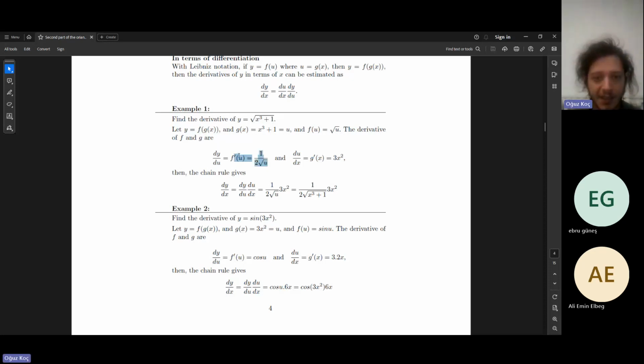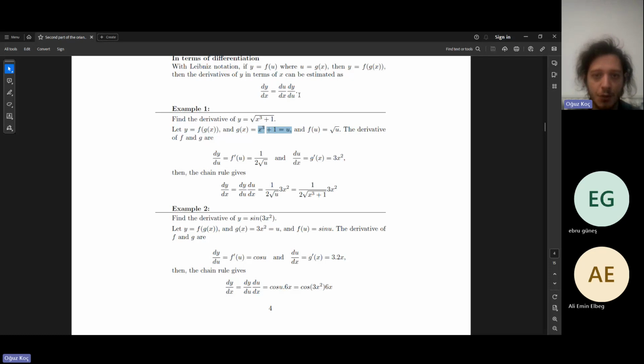We take the derivative of f in terms of u here, and then we need to calculate the derivative of u with respect to x. Here, we just take the derivative of this in terms of x. When you calculate it, it gives you 3 times the second power of x.